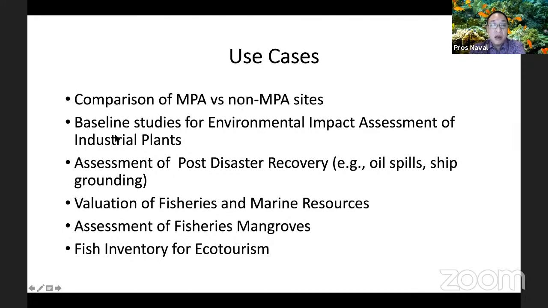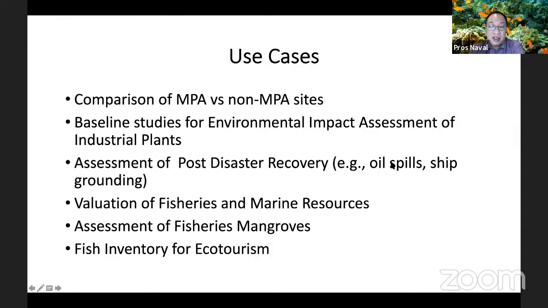You can also use the technology for doing baseline studies for EIA, environmental impact assessment of industrial plants, for example, and for assessment of post-disaster recovery, like ship grounding and oil spills.